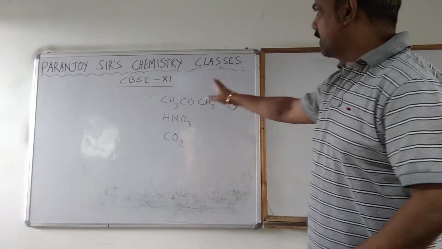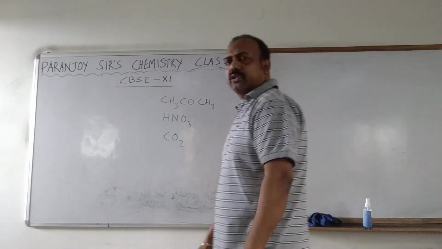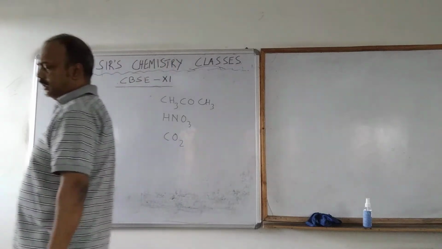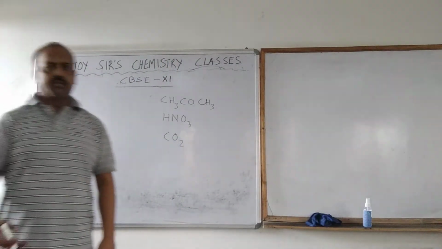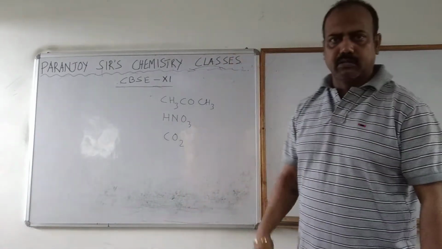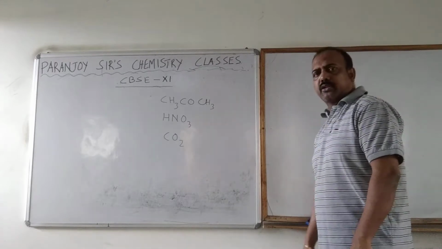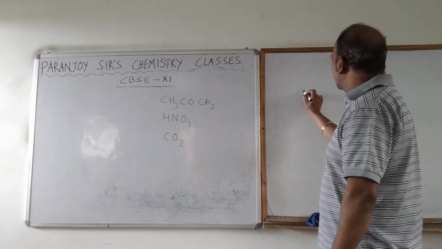First, CH3COCH3. The Lewis-Dot structure says that there have to be 8 electrons, or 2 electrons, in the outermost shell, the valence shell of the atom, represented by dots. Okay, fine. So let us try to do it.